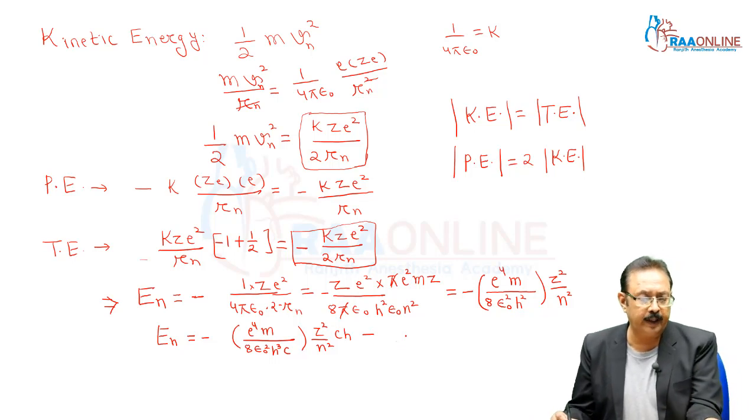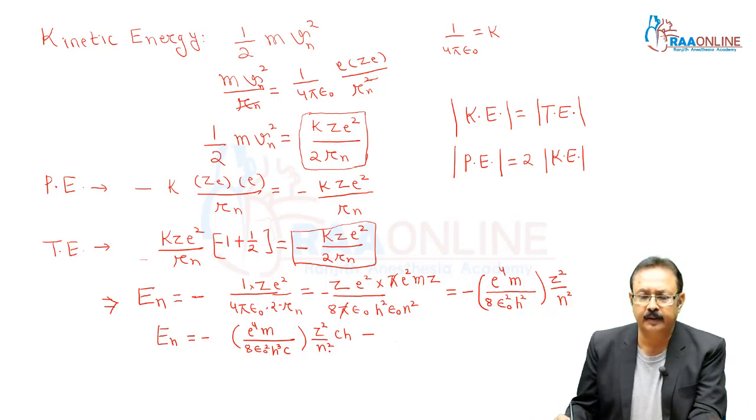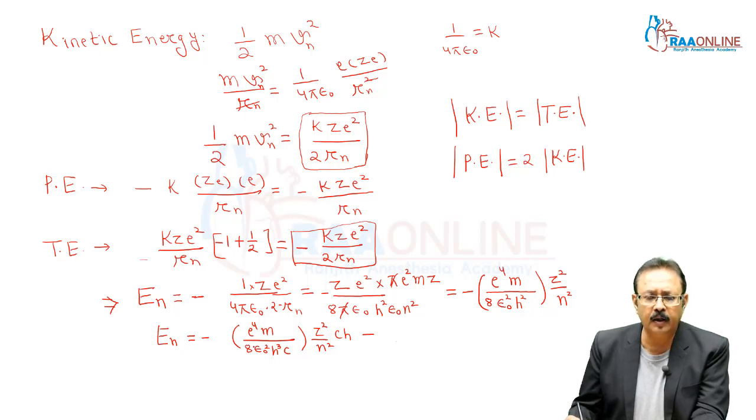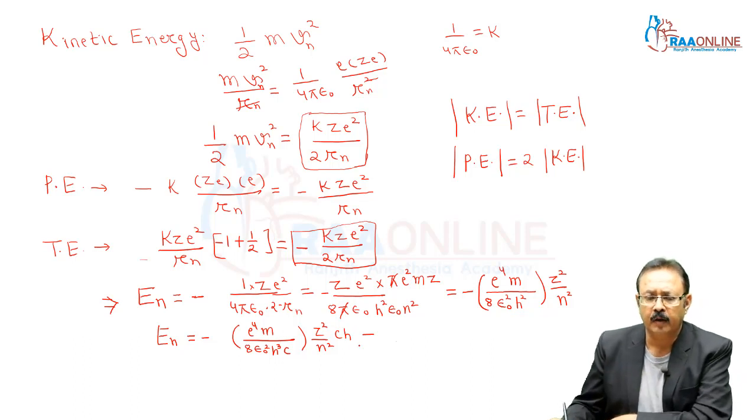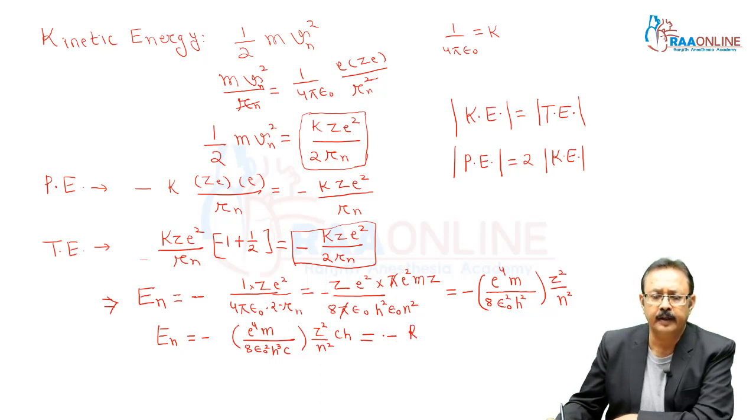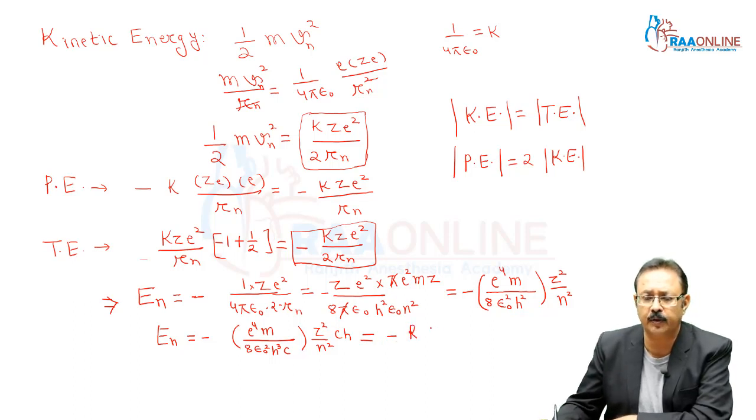If we calculate the value of this, e4 m upon 8 epsilon naught square h cube c, all these things are constant. This constant is represented by R, known as Rydberg's constant.